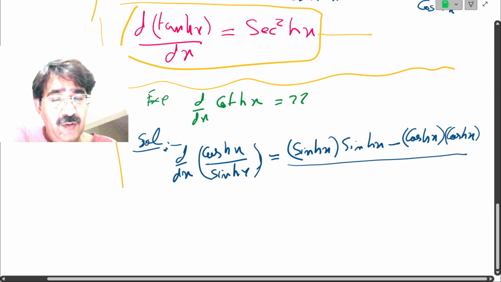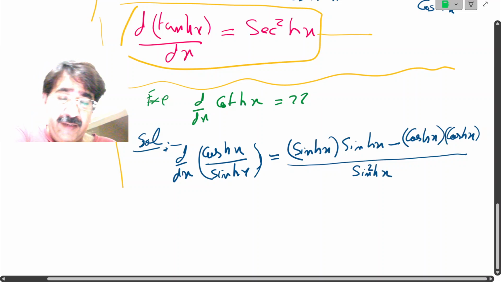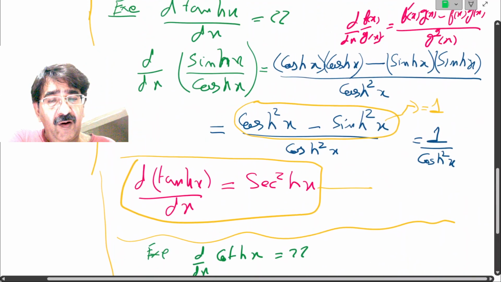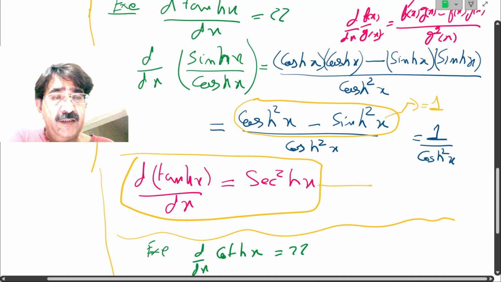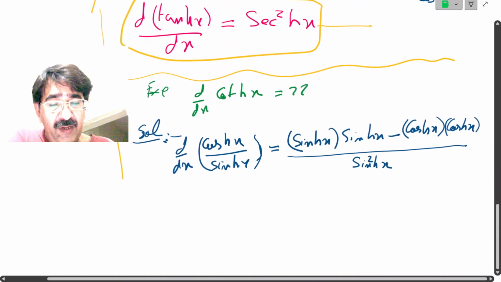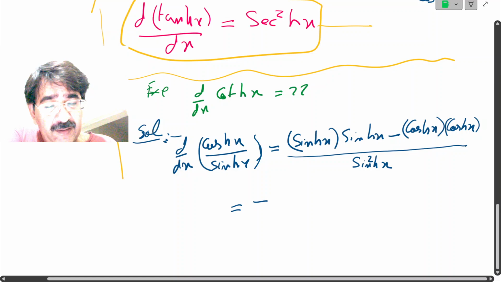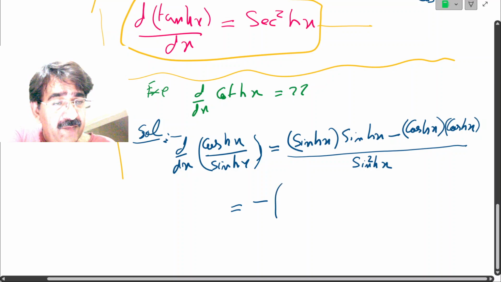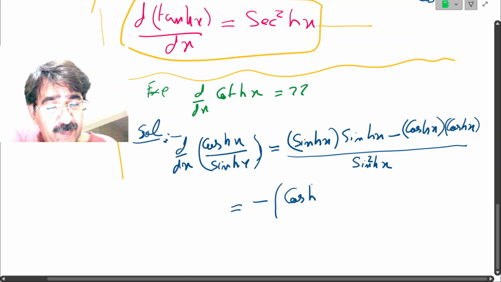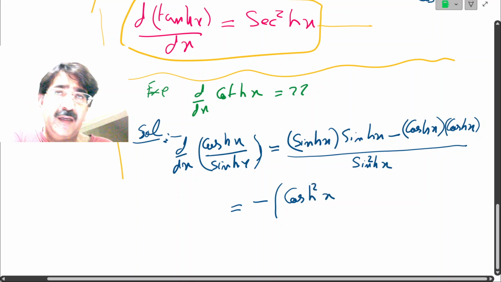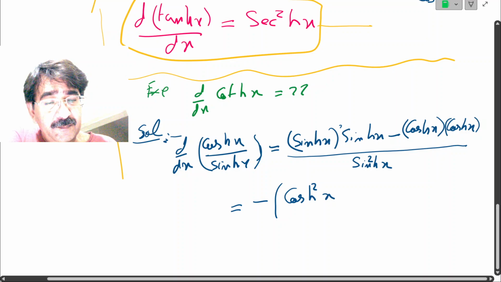So that is divided by the square of the denominator, that is sine hyperbolic square x. We have already explained that cos hyperbolic square minus sine hyperbolic square is equal to 1. In this way, we take minus common, and the remaining will become cos hyperbolic square x, plus will become minus, and minus will become sine, when we take the negative sign as common.